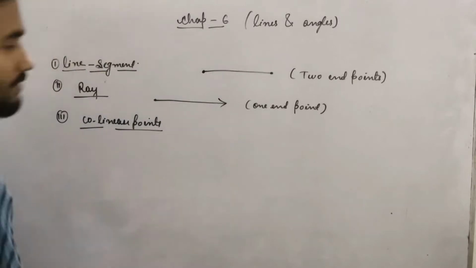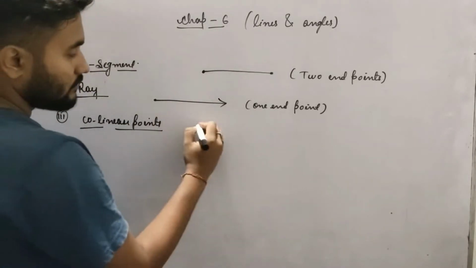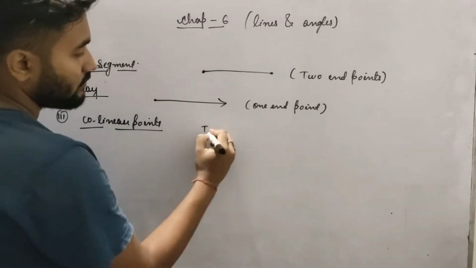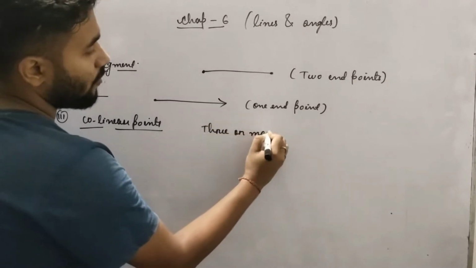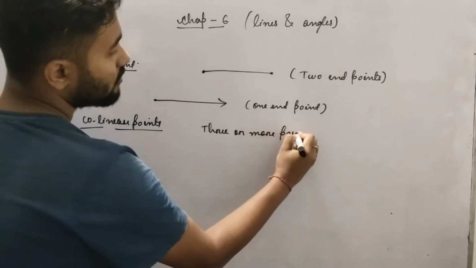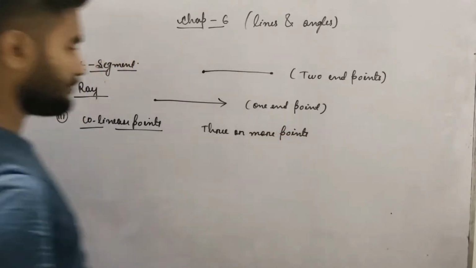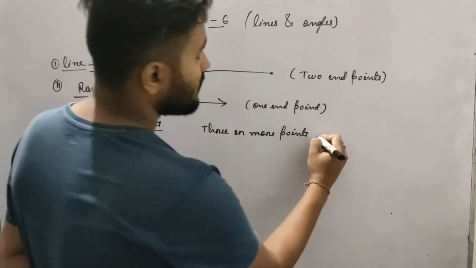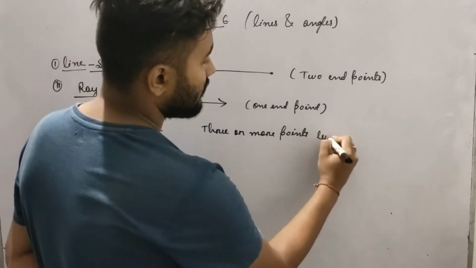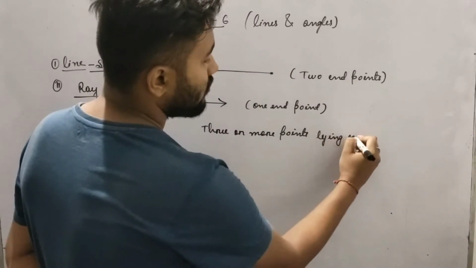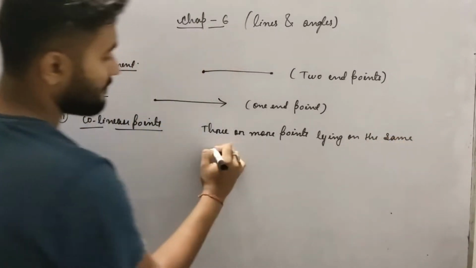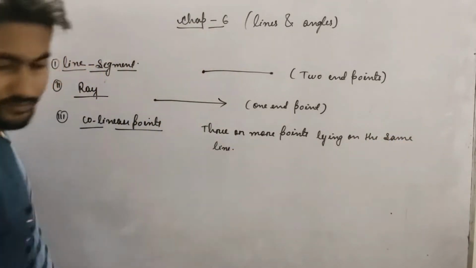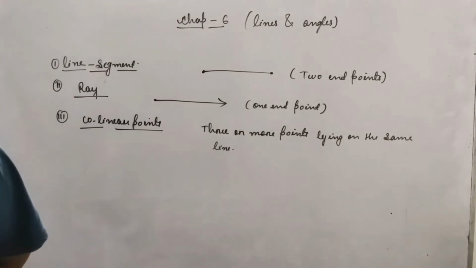So collinear points are 3 or more points lying on the same line. That is collinear.